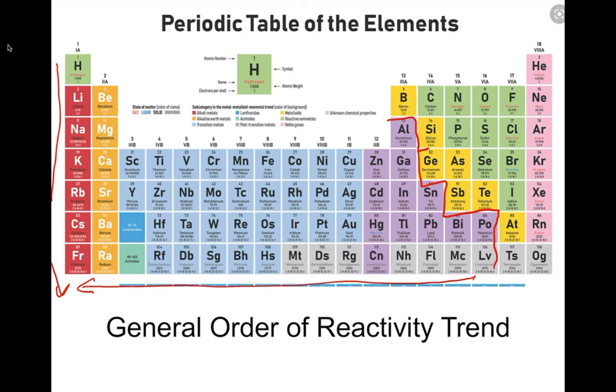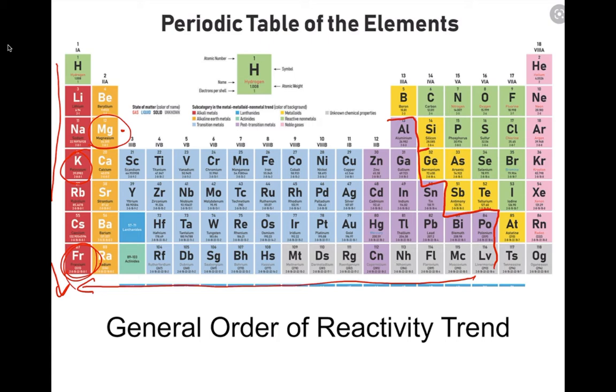So that means my most reactive metal in this periodic table is francium. Anything to the left is going to be more reactive than anything to the right. So for example, if we were talking about potassium as compared to magnesium, even though magnesium is further up, it's going to be less reactive than potassium because potassium is further to the left. So anything to the left is more reactive than something to the right.